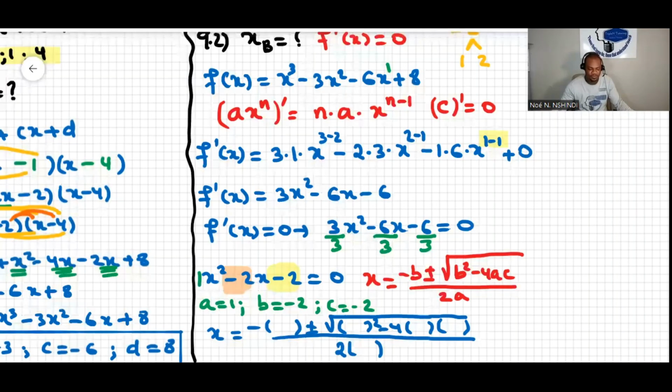We can substitute the values: b is -2, b squared minus 4a, where a is just 1, and c is -2, over 2a, where a is 1.